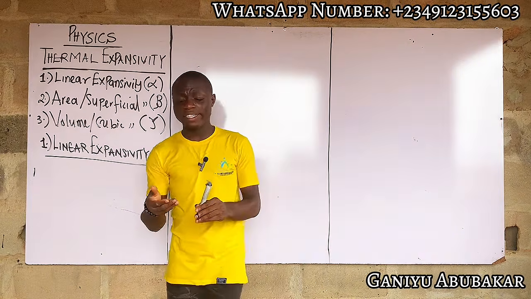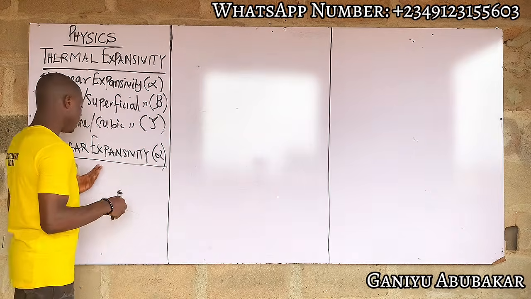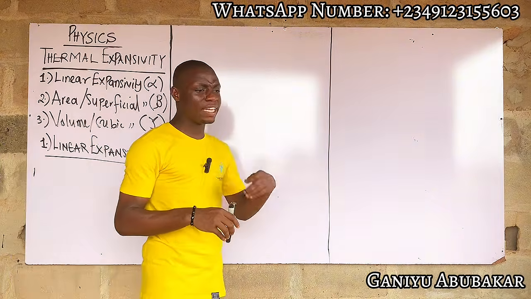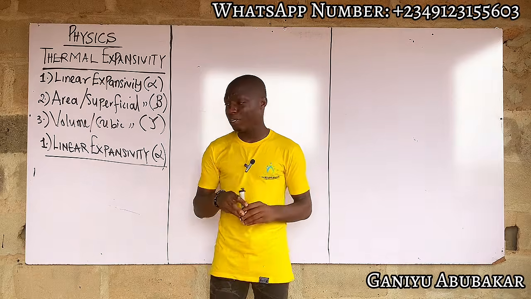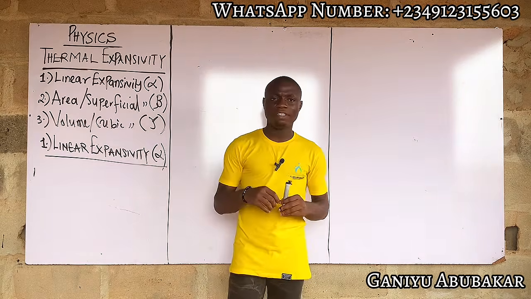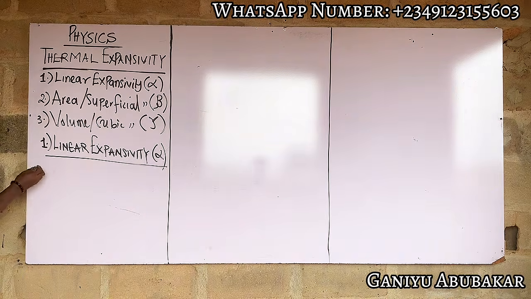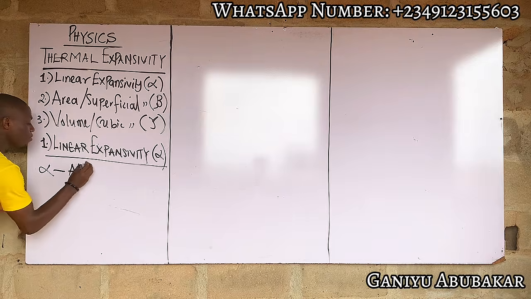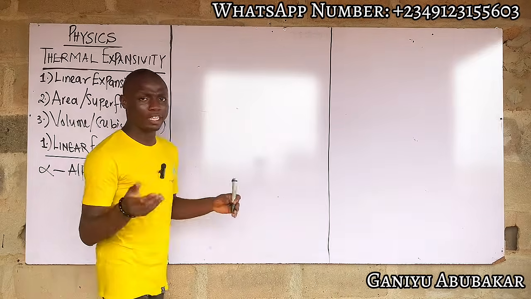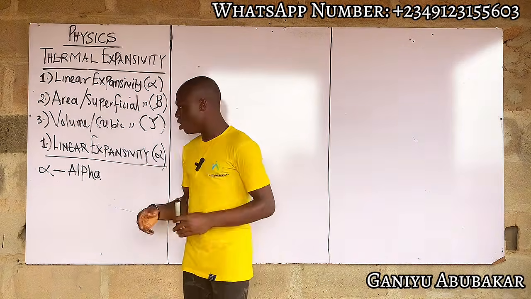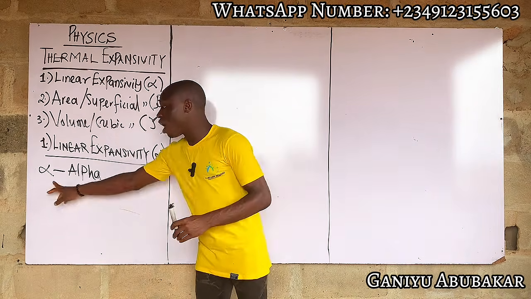So when a material increases in its length with a rise in its temperature, it's said to have linear expansivity. It's represented by a Greek symbol called alpha, right? So note that alpha is used to represent linear expansivity. Very important concept, please.